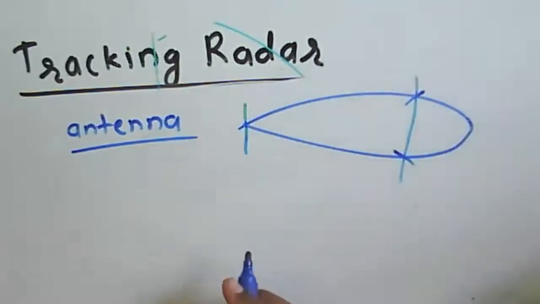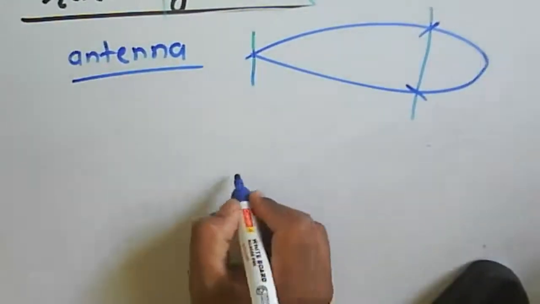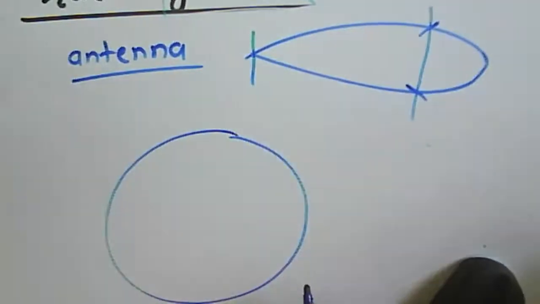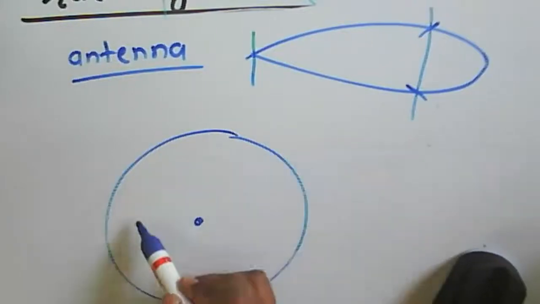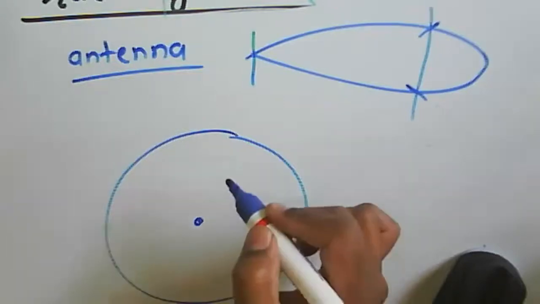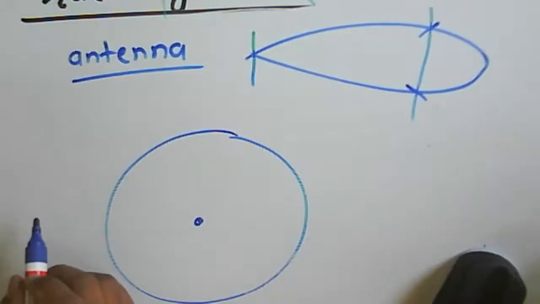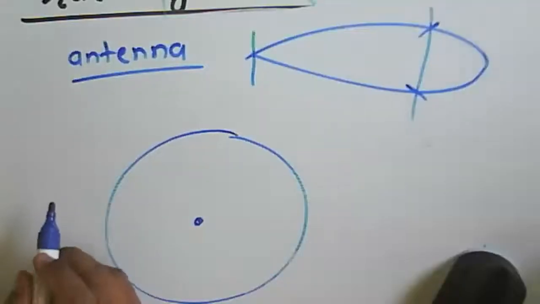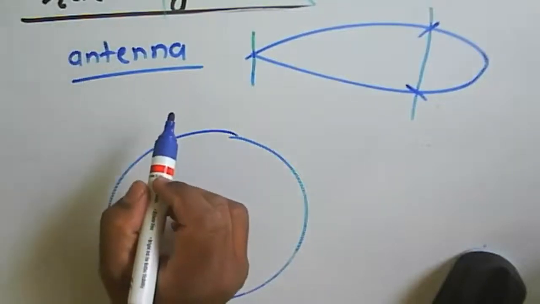Within this particular radius, if I rotate an antenna, so when that antenna is rotating about a center point, this much will be the area covered by the antenna. Within this particular area, if any target is present, that target can be identified by the antenna.